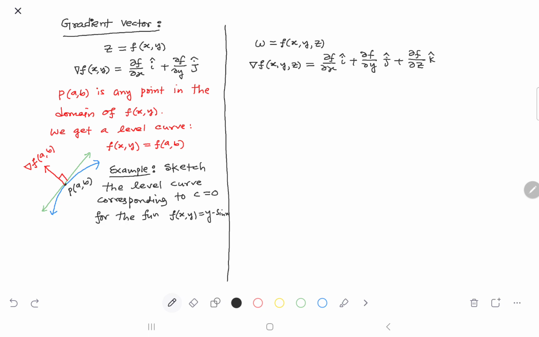So we have a function of two variables, f of x y, given by y minus sin x. Now find a normal vector.